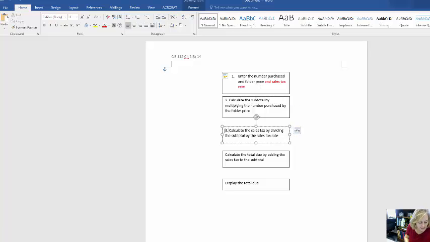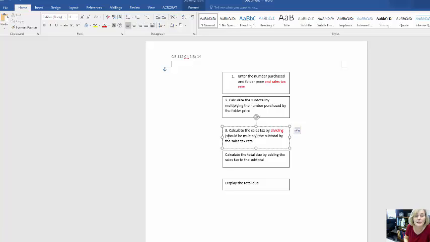Calculate the sales tax by dividing the subtotal by the sales tax rate. So the number calculated here, they're going to divide by the sales tax rate. Well, that's the wrong word, isn't it? Okay, I'm going to correct it, should be multiplied.